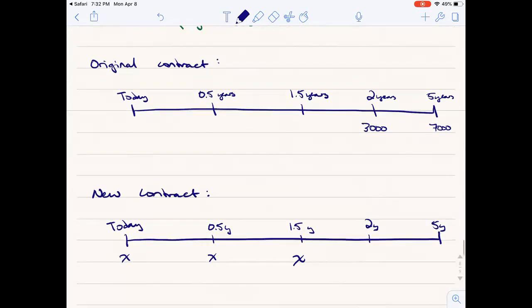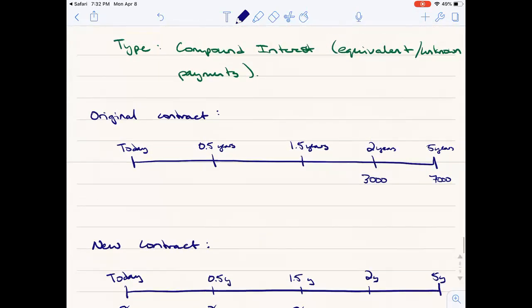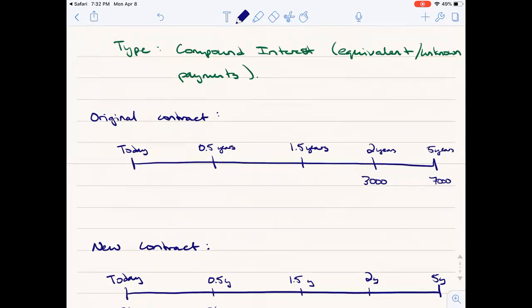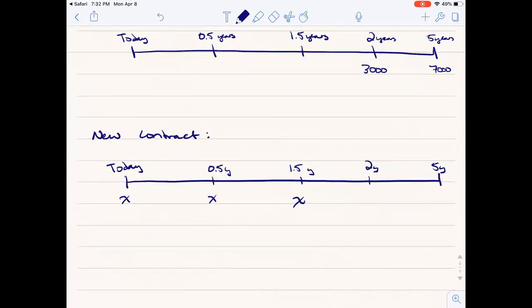It doesn't say what to use as the focal date. Depends on if you like to calculate future values or present values, or maybe a little bit of both, right? Because their arrows are going to get drawn to the focal date, right? You have to figure out, okay, the original contract, what it's worth on some date, and then what your new contract is worth on some date.